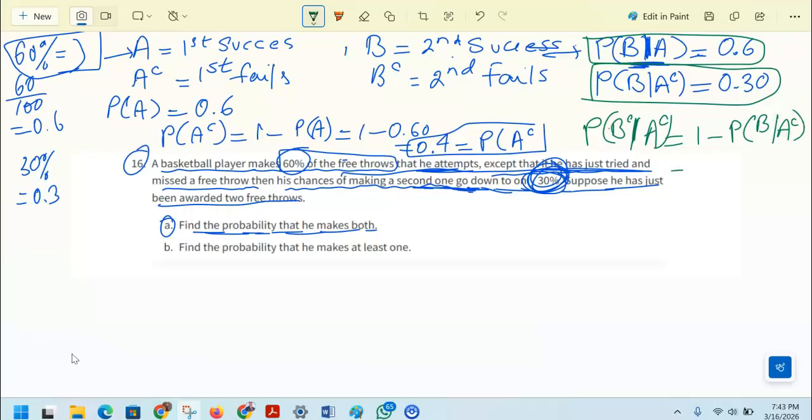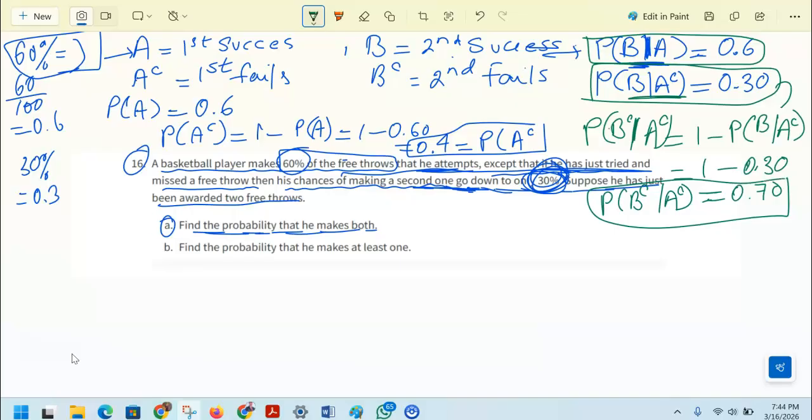You just plug in here, and you get the answer 0.70. So this is the probability that the first time he failed and the second time also he failed.